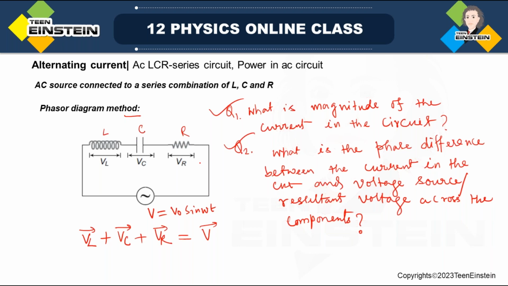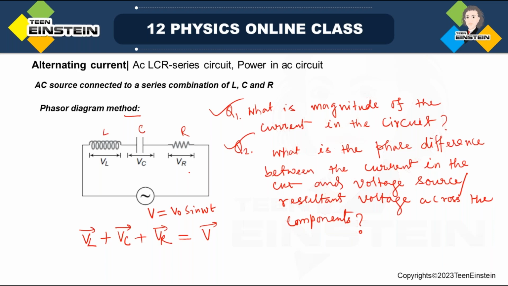As I told yesterday, analytical method is a little bit complicated or elaborate, but phasor diagram method is very easy to understand and do the analysis of such AC circuits with different components.